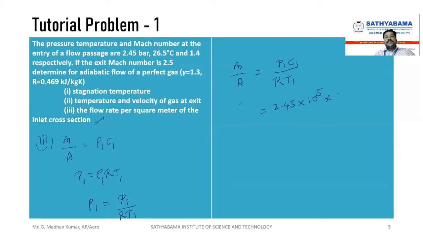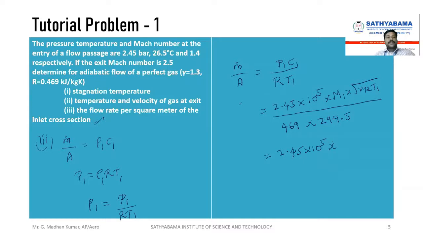For C1 we have to substitute the value of C1 as M1 times square root of gamma R T1, given, right? So directly you are substituting the formula. What is your R? R is 469, right? And then temperature T1 is 299.5, right? So again substituting all the values into M1.